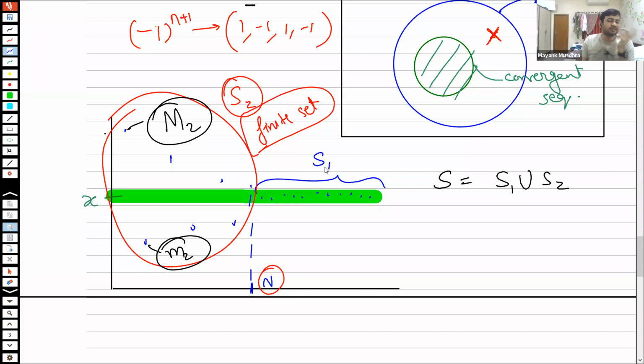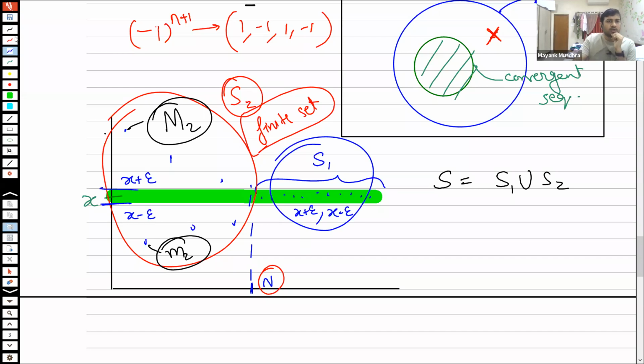Similarly, S1 is an infinite set, but it is lying inside the band. In this band, the max you can go is x plus epsilon, and the minimum you can go is x minus epsilon. So the max for this set is x plus epsilon, and the minima for this set is x minus epsilon.